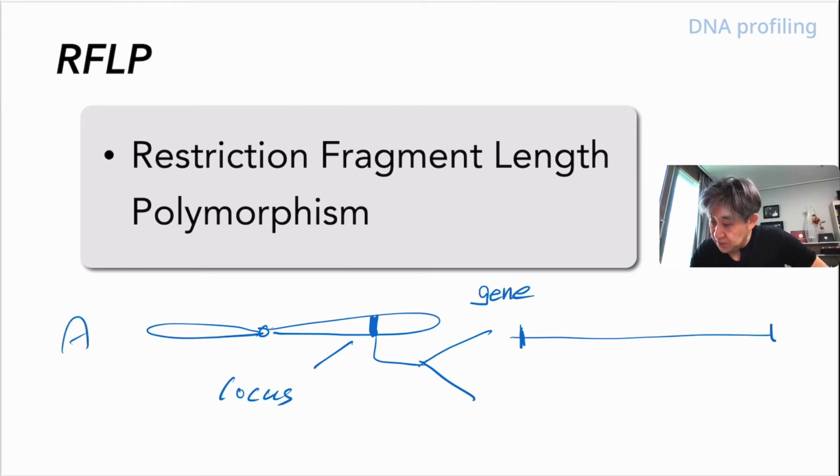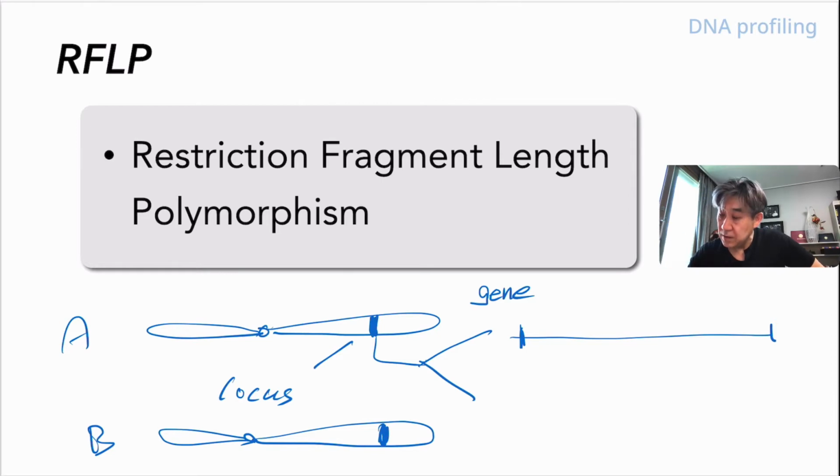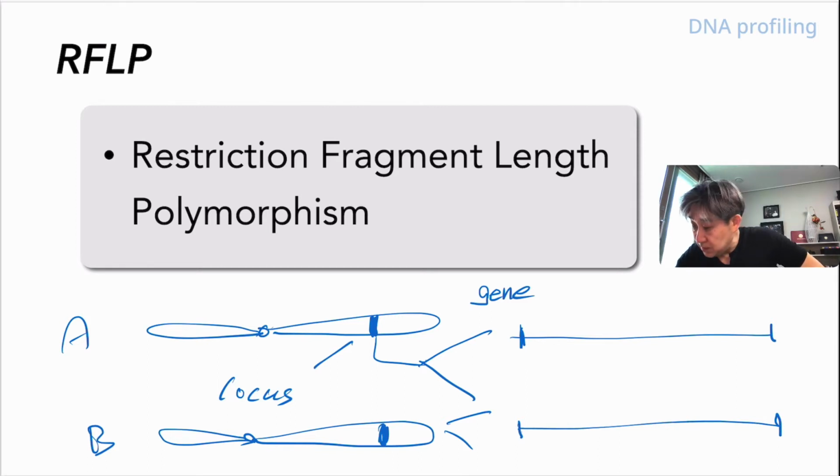So person A and another person on the same chromosome, same area. Okay, so it's got to be another gene, which is the same gene. However, let's say the gene consists of some DNA sequence. On this particular area, this person A, this particular spot, the DNA sequence is GAACCT.